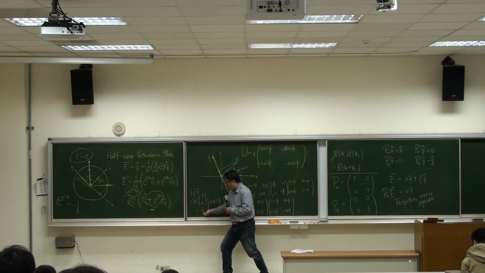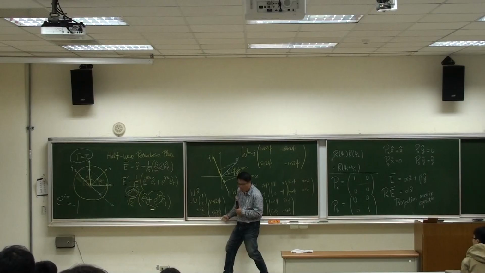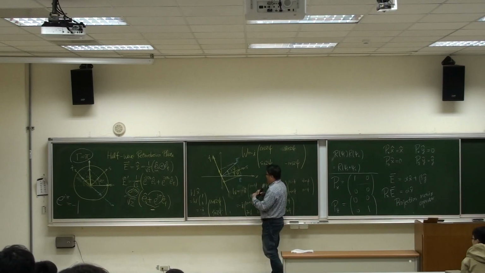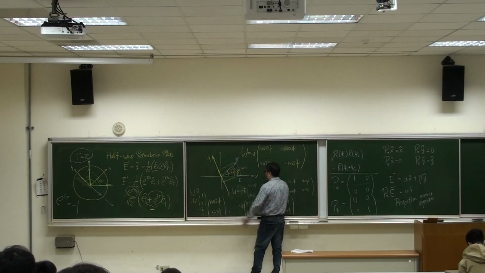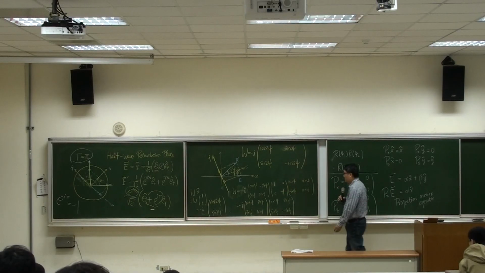This is an irrelevant factor. And what is this? This is a vector making an angle 2 psi with respect to the x-axis.